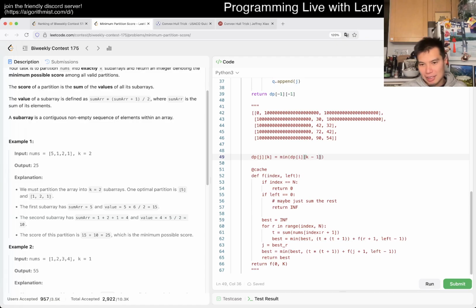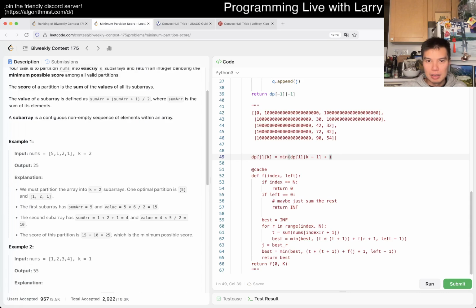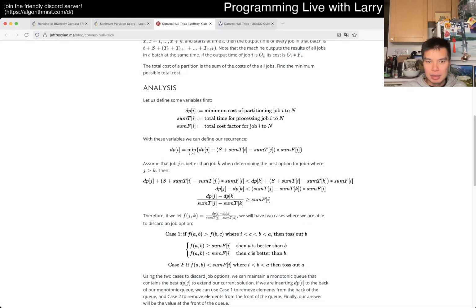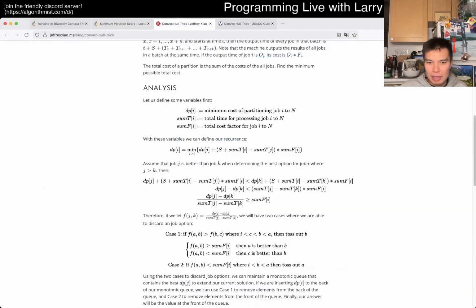I mean, this is actually going forward, but it's fine, right? Plus the sum from i to j, choose 2. Whatever, just too lazy to write it. Okay, right?